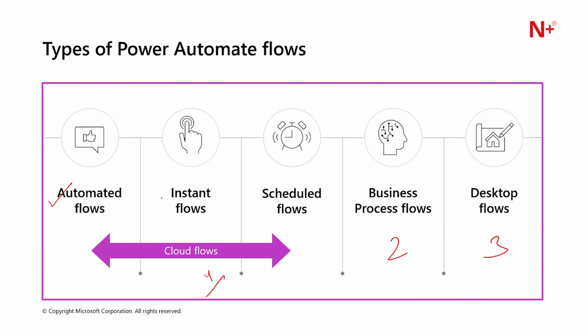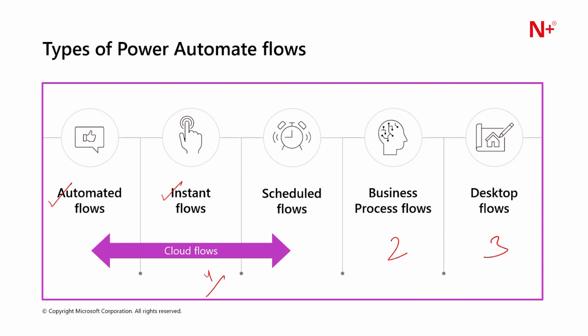We have instant flow as well. With instant flow, you'd be able to create a flow that is instigated manually. There would be a button that you need to press in order to start this flow. This could be useful for requirements where you do not want it to be instigated automatically, like every time you have an employee to be added in the system.